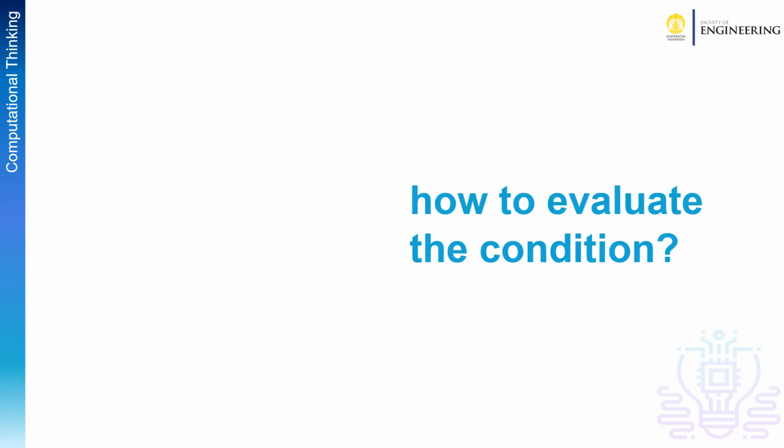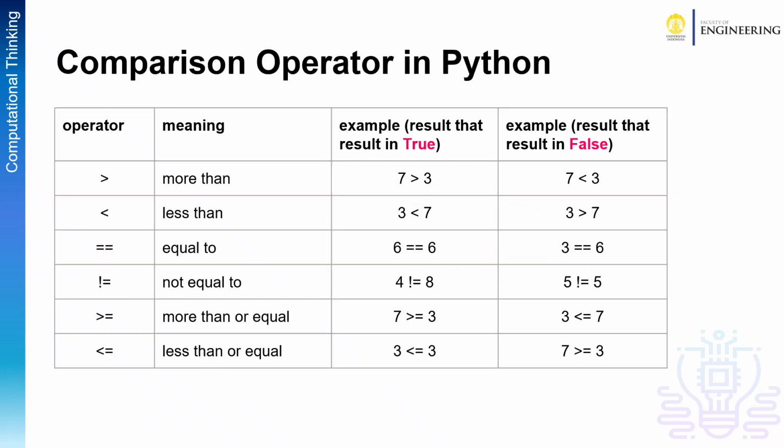To begin with, let's ask how to evaluate conditions in Python code. Conditional selections in Python can be done by using the comparison operators that are available in Python. There are several operators. The first one is more than, the second one is less than, the third one is equal to.